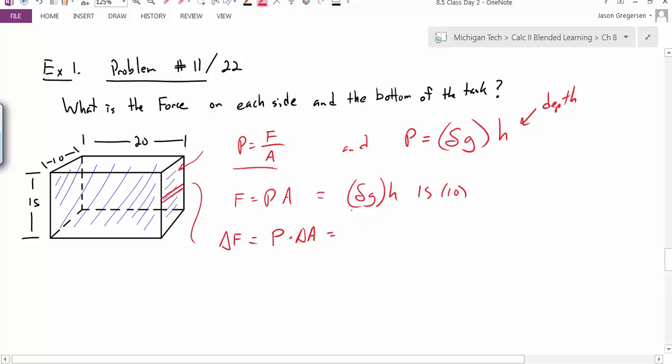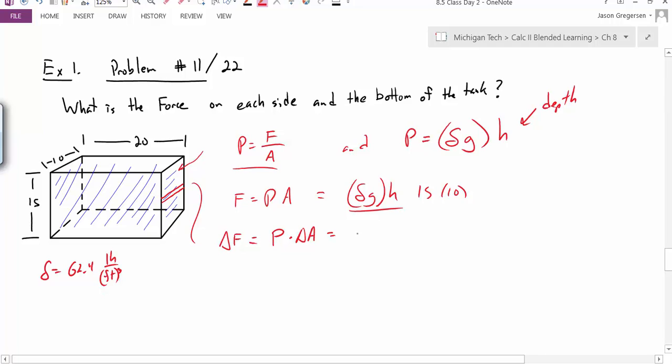Now pressure really is density times G times H. So once again, if we're talking about water here, then the density of water is 62.4 pounds per cubic foot. We'll say all our distances are in feet.